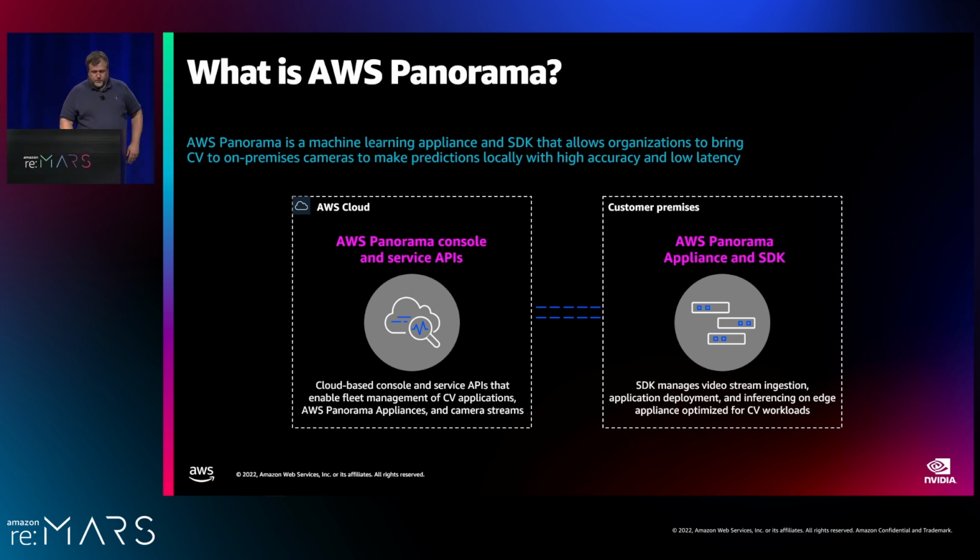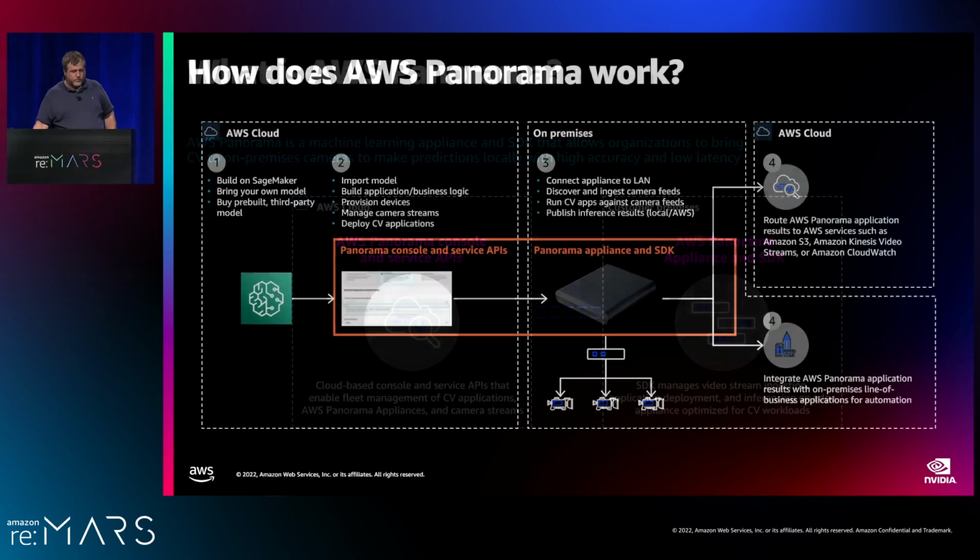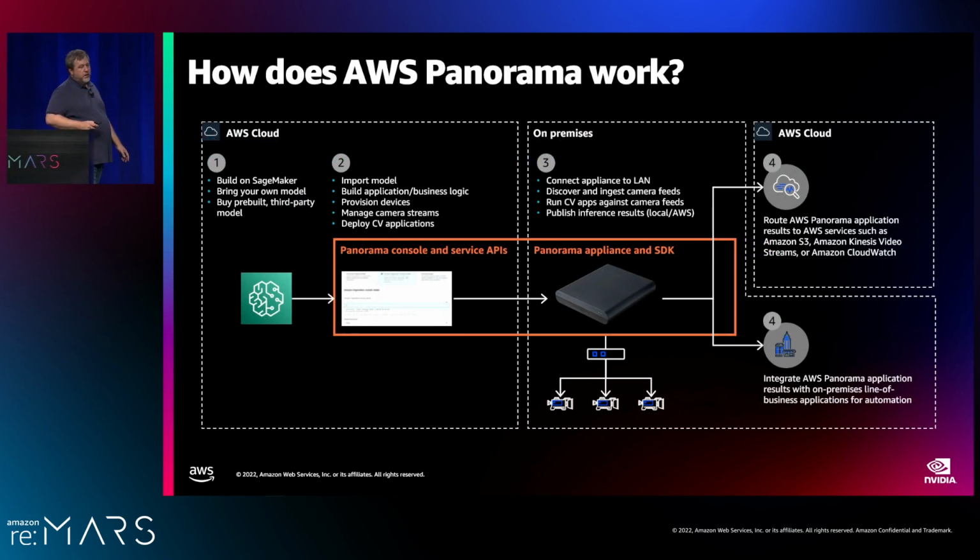So how does that work? Let's talk a little bit about how Panorama works. You build your models on SageMaker. We have a simulator you can run to test those models out without ever needing an edge device. So you can see how they're working and performing and debug your code in, say, a notebook.